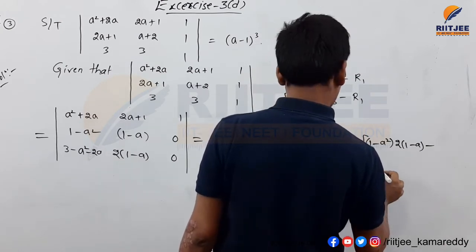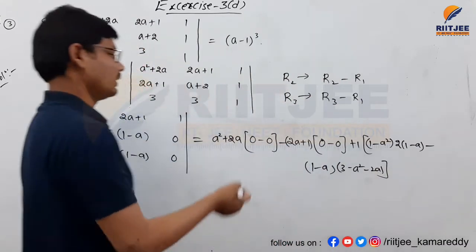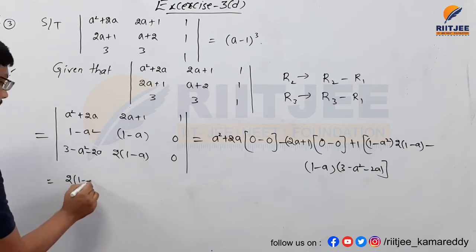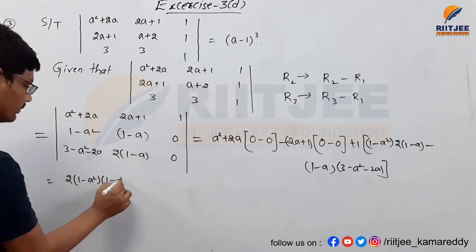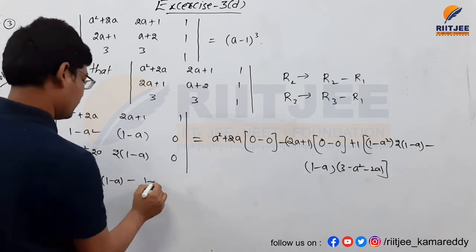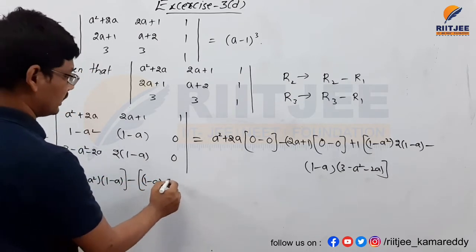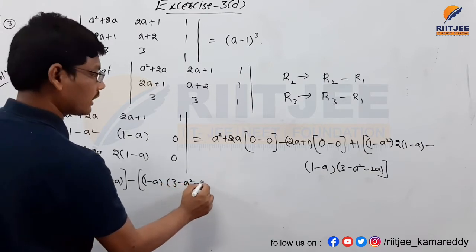2 into 1 minus a, of minus 1 minus a into 3 of a square minus 2a. Here let us multiply. So here 2 into 1 minus a square into 1 minus a, minus of 1 minus a into 3 minus of 3 minus a square minus 2a.